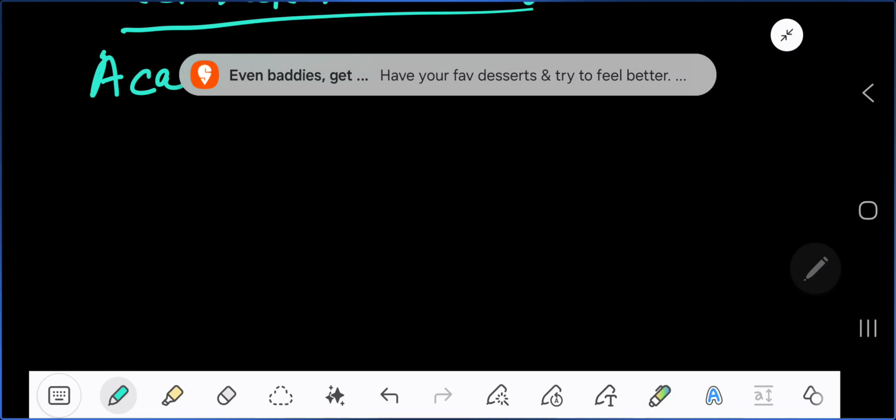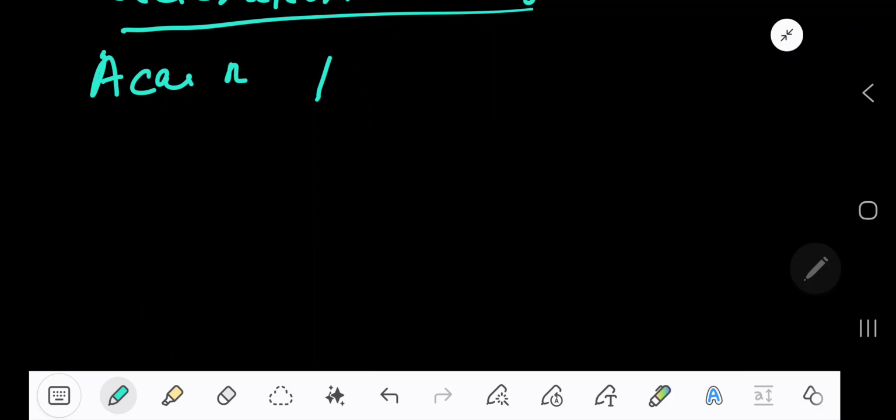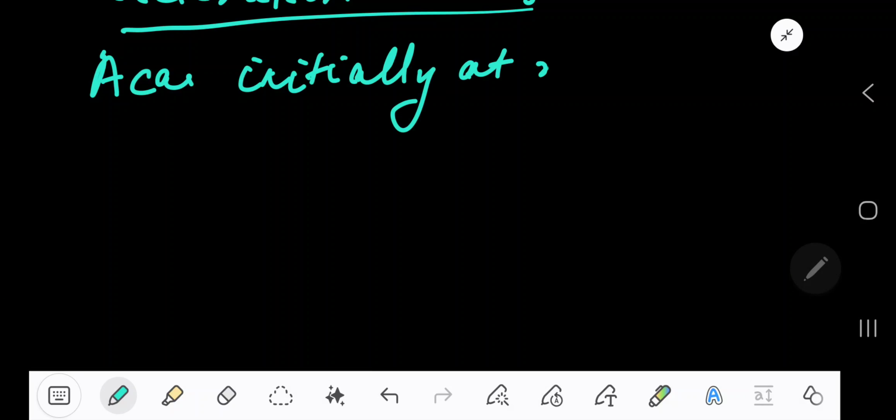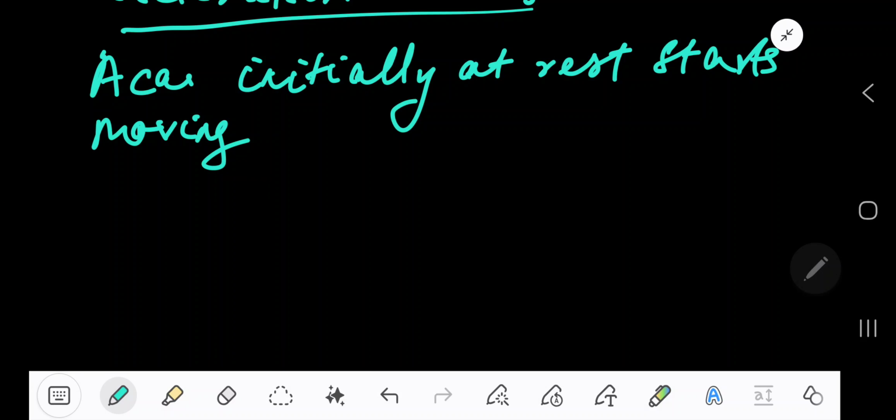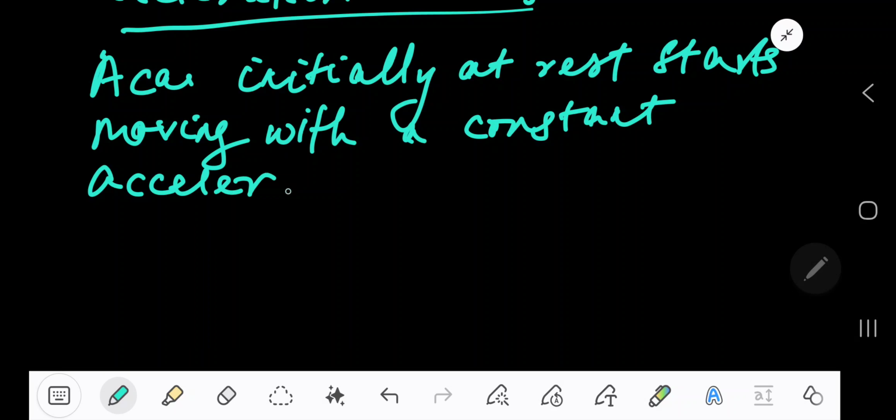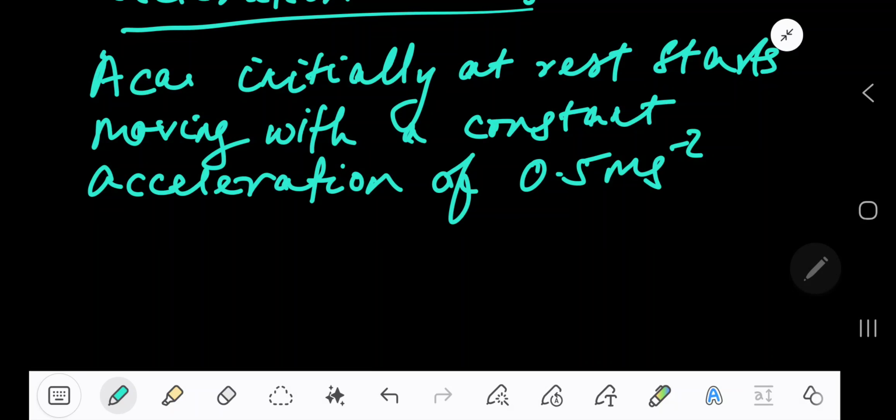Okay, our next question is: a car initially at rest starts moving with a constant acceleration of say 0.5 meter per second square and travels a distance of 25 meter.